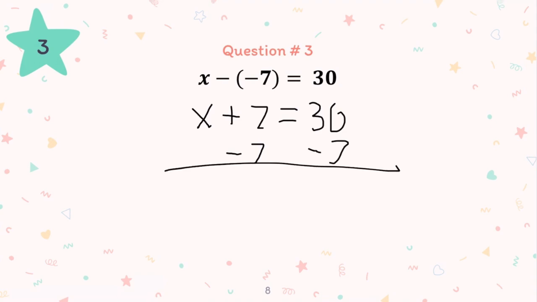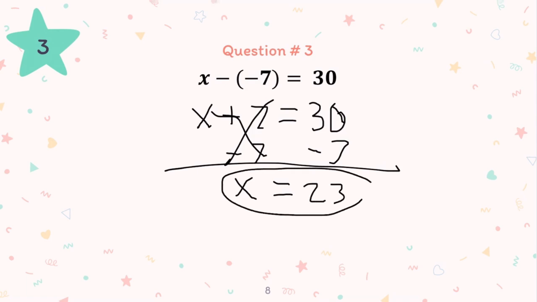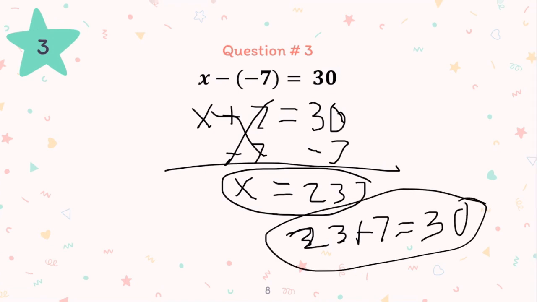So the subtracting and adding sign cancel each other, so we're left with x. And then 30 minus 7 equals 23. And to check if you're correct, you do 23 plus 7 equals 30.